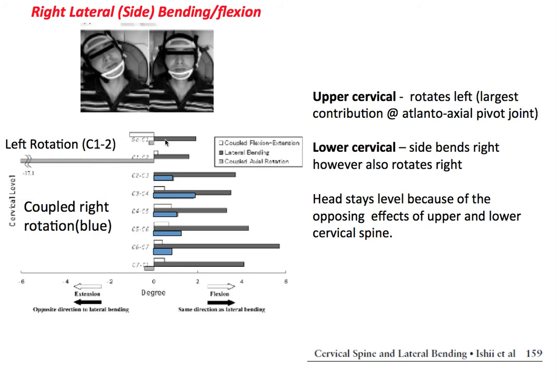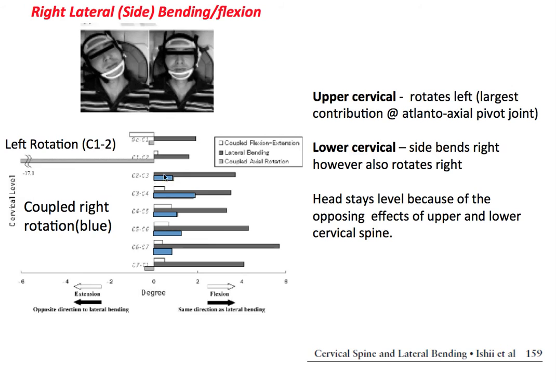And so we can notice that the dark gray here is what we want. So we can say, well, there's some side bending really at each segment, which is a little bit surprising. We get some at C1, C2, but there must be some tipping of those convex on convex joints that are going on. But it's really less than 2 degrees, because here's our x-axis here, which is how much motion is occurring. Right?